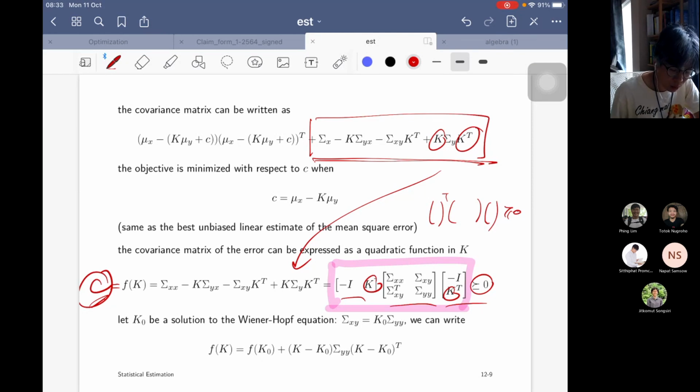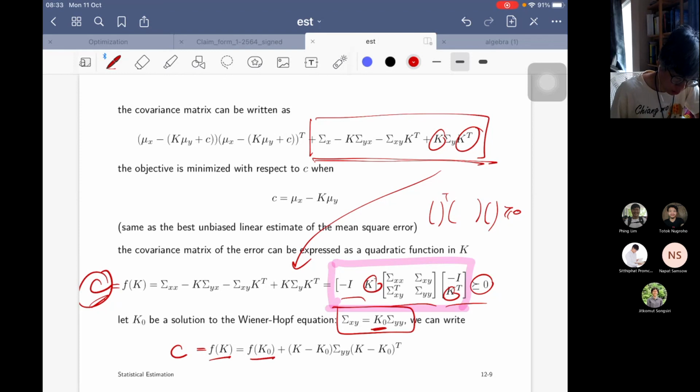Now let's rearrange the term a little bit. Let's say K0 is a matrix that satisfies the Wiener-Hopf equation. Now you can derive the covariance matrix f of K as a function of K0 and K. Add and subtract the terms.